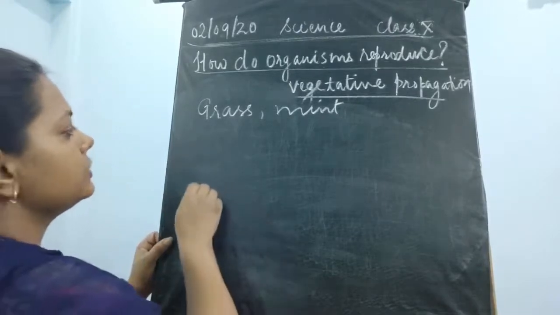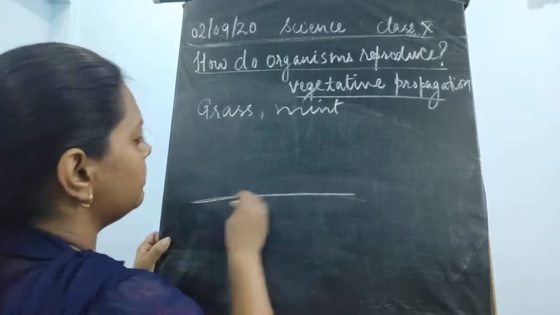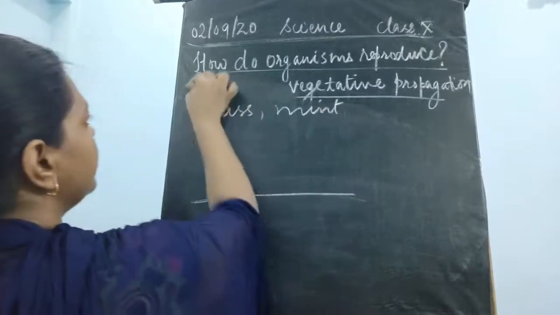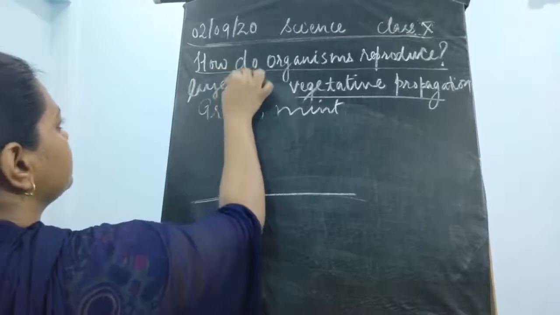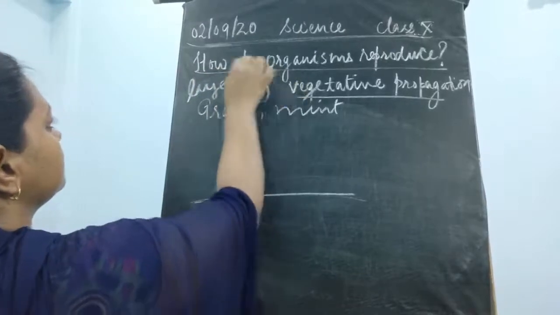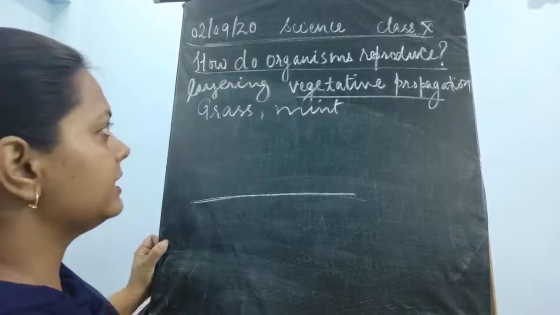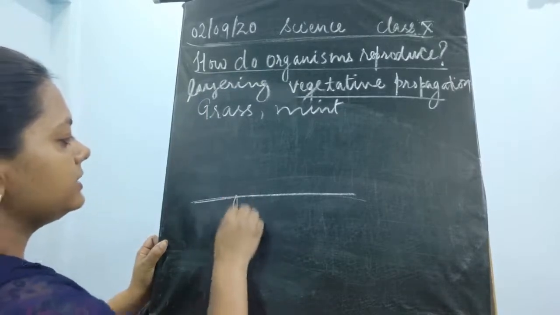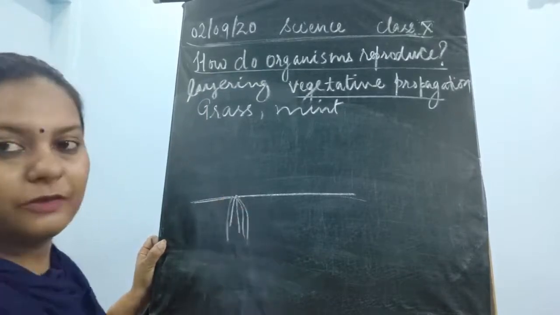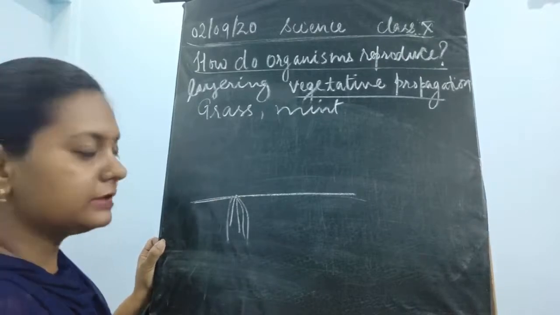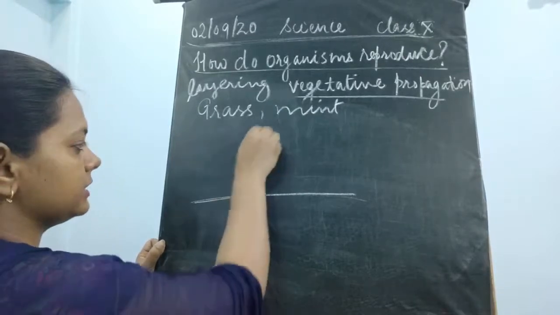Let us see. We'll take one parent plant. So we're discussing layering. One plant is taken with not a very good root system, but it has several branchings.